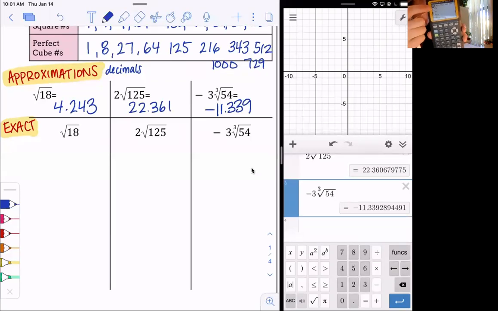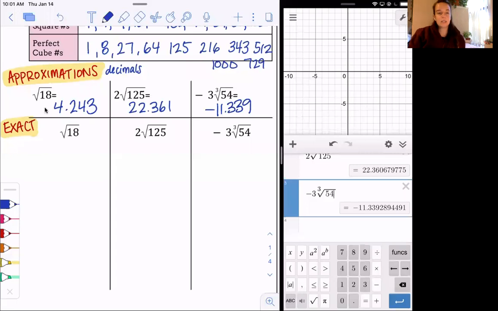Then you scroll down to number 4. That's the cube root. And if you want the other one, it's number 5. So press that math button. That'll help you with everything.